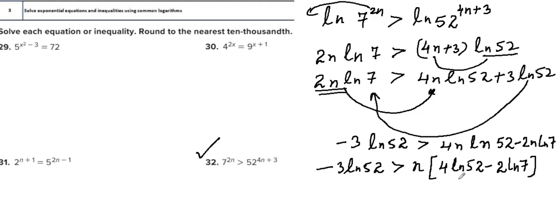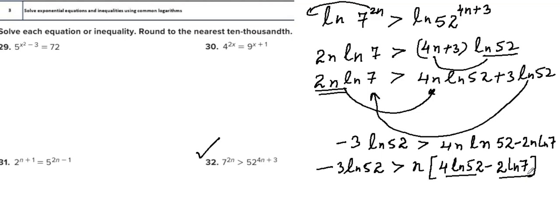Firstly you have to see very carefully, check in the calculator whether this value is positive or negative, because if you divide by a negative number then the sign changes. Let me check in the calculator. Log 52 multiplied by 4 comes to 15.8.